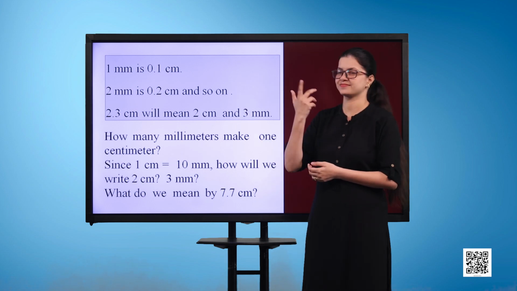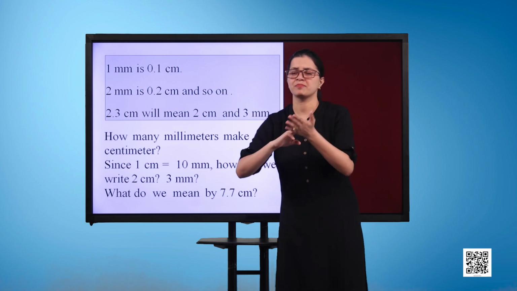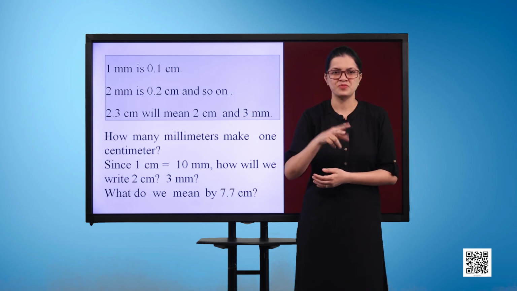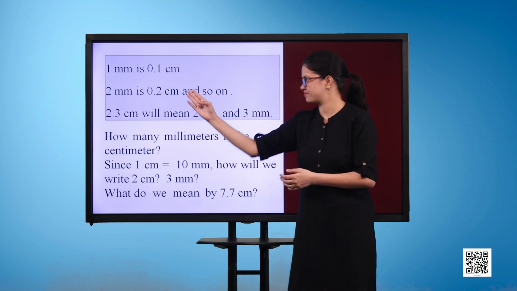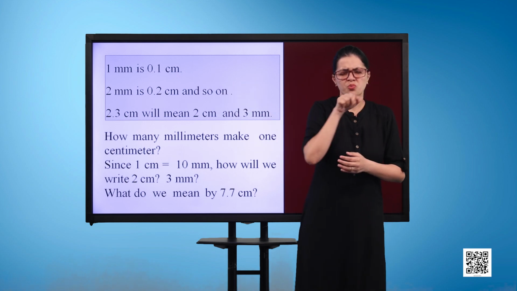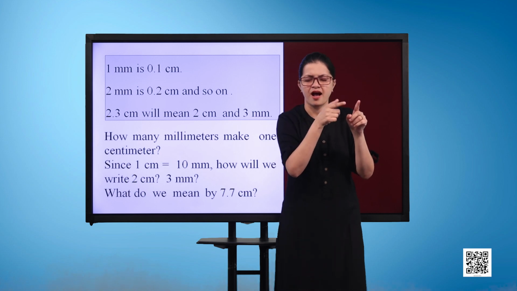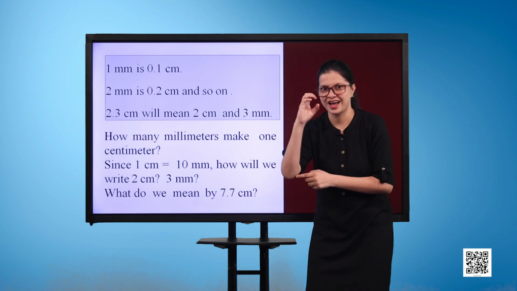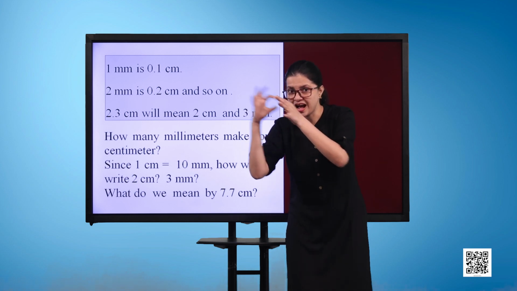One millimeter is 0.1 centimeter. 2 millimeters is 0.2 centimeters, and so on. 2.3 centimeters will mean 2 centimeters and 3 millimeters.